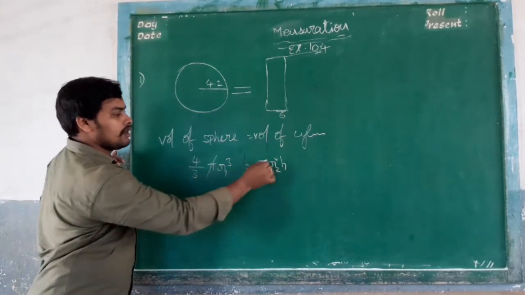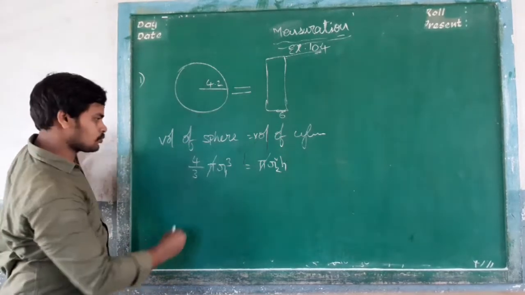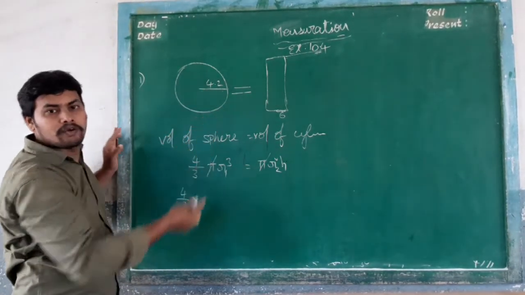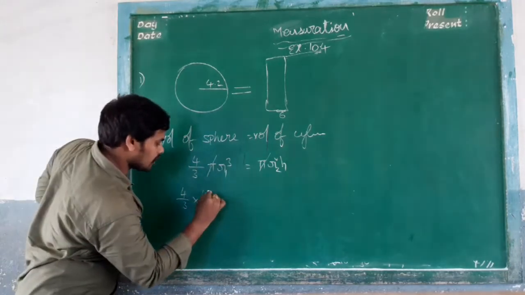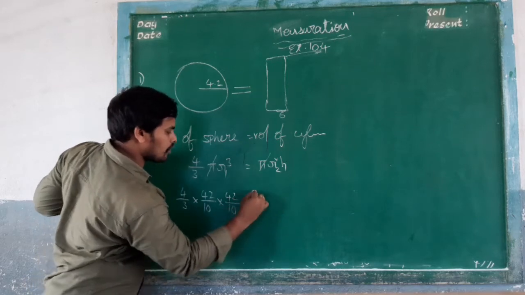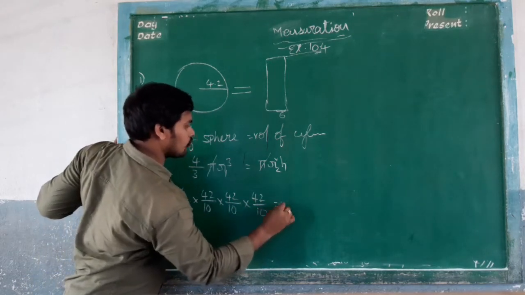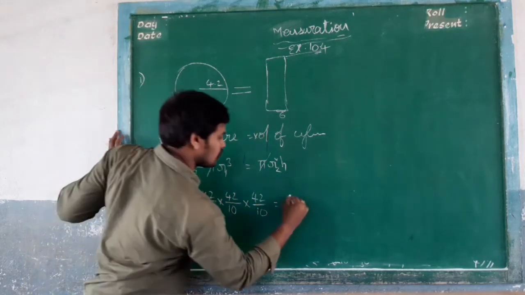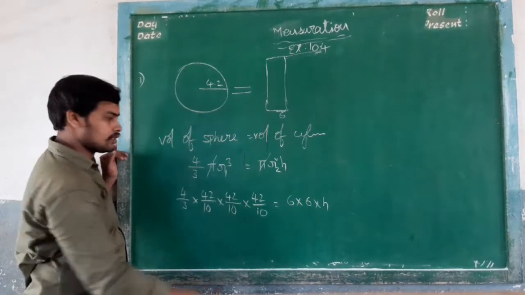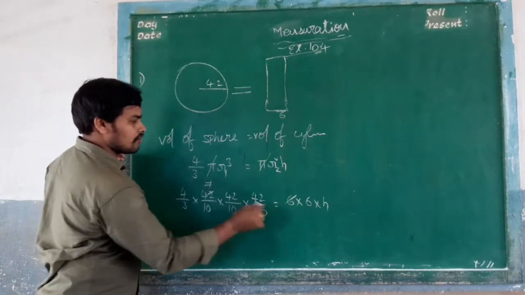Pi cancels. 4 by 3. R1 is 4.2, which can be written as 42 by 10 into 42 by 10 into 42 by 10, equal to 6 into h.